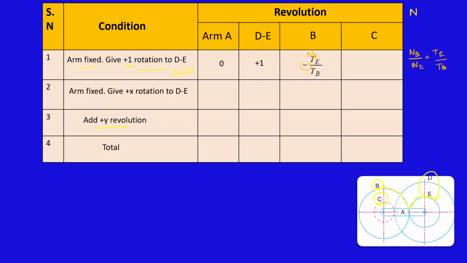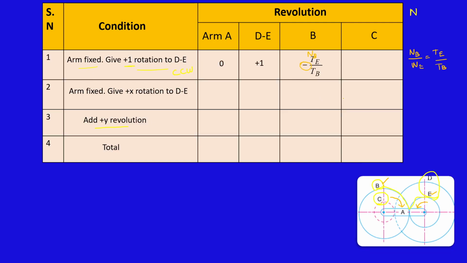Here, the minus sign indicates that gear B and gear E both have external contact. External contact means when B rotates clockwise, E rotates anti-clockwise. That is why we are putting the minus sign here.